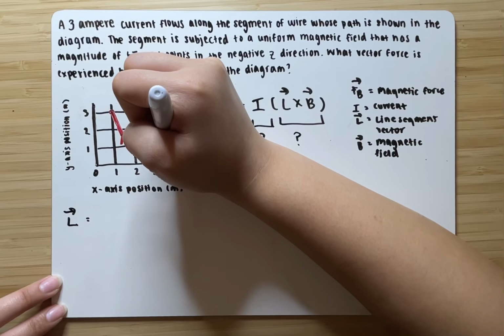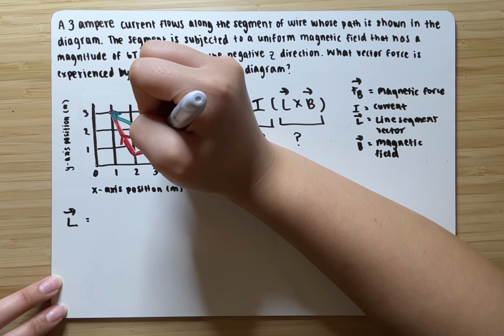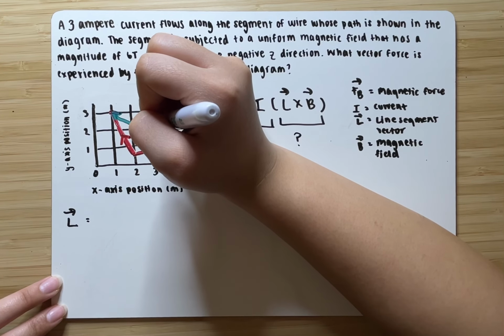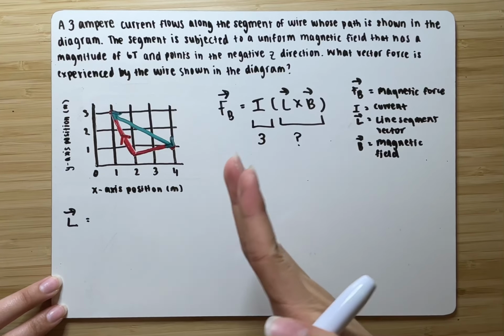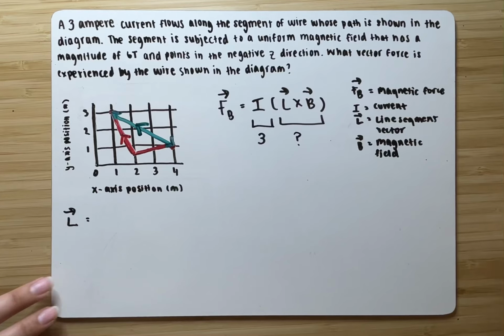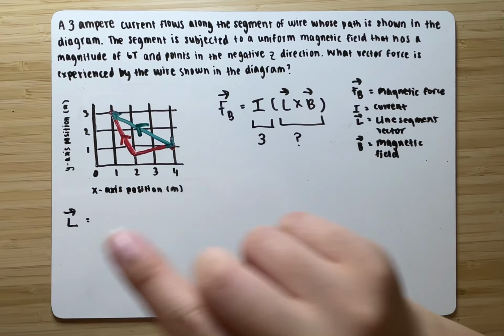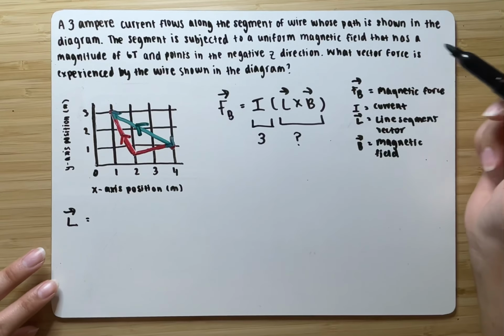So we can draw a line from here to here. And because the path is pointing this way, we're going to also point our line segment this way.